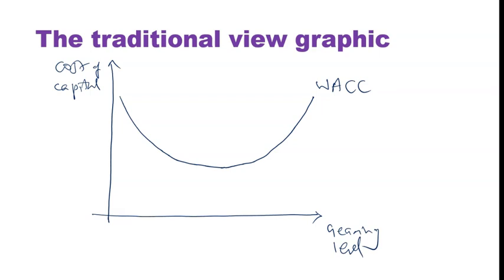Okay, so initially in the first phase, the WACC falls up to a certain point, like this point. This is the point which we are saying is the optimal point.